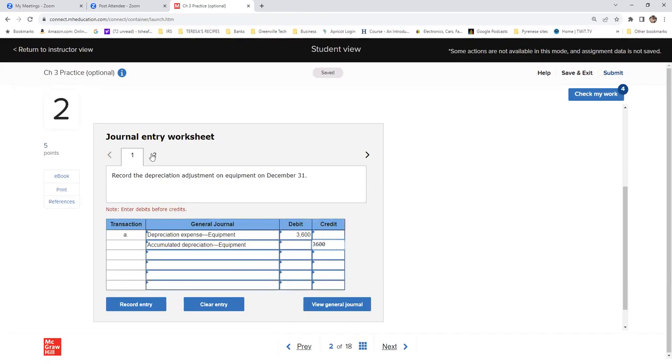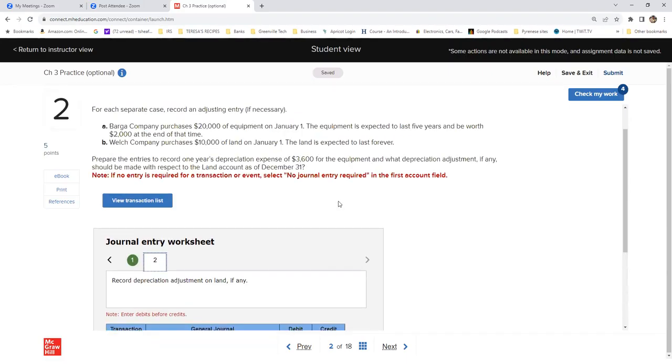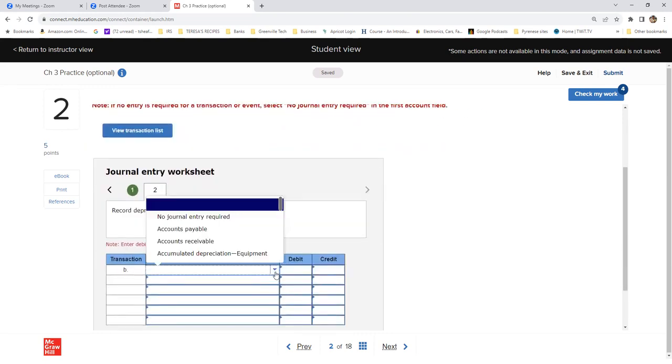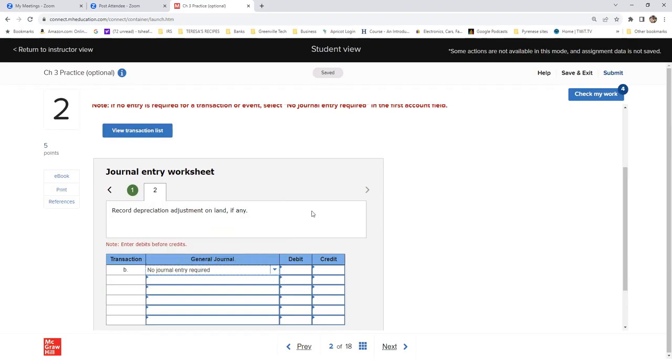Right. Requirement number 2. Welch purchases $10,000 of land on January 1st. Land is expected to last forever. We never depreciate land. So that's going to be the correct answer. No journal entry required. There you go. Because we never depreciate land.